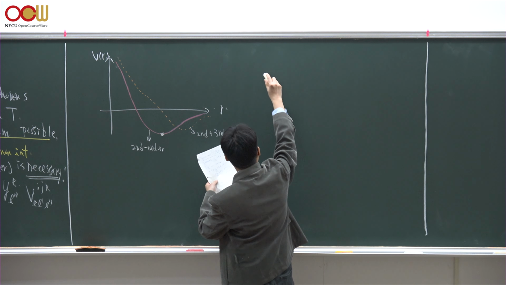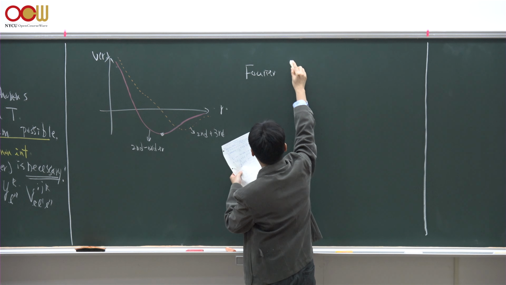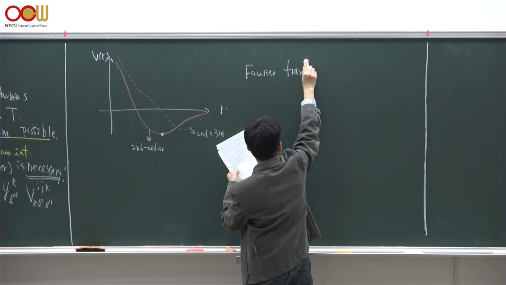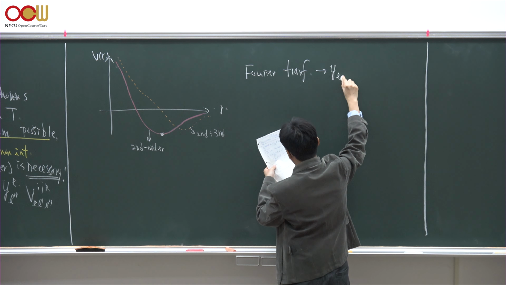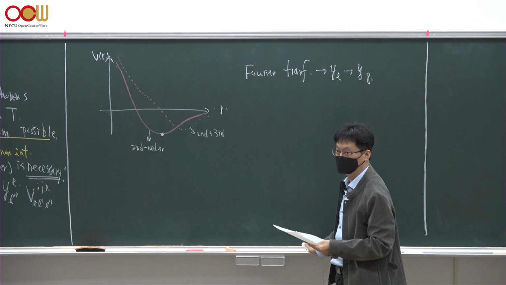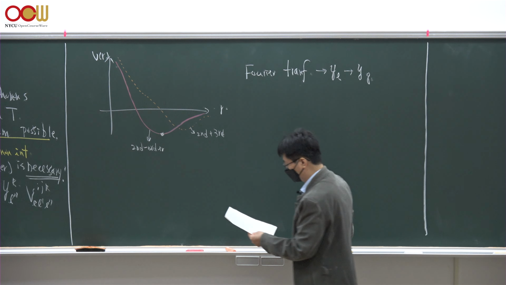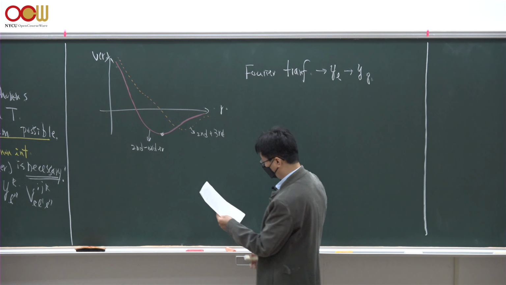But we could also apply the trick that we did before, namely we could Fourier transform this displacement to momentum space, and we can perform the Fourier transformations and then diagonalize this matrix and so on and so forth.